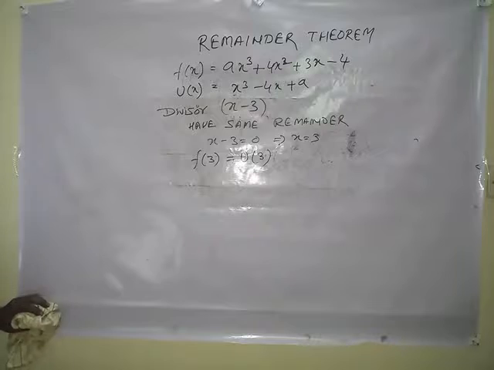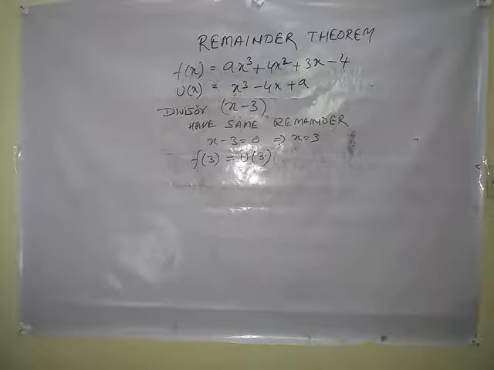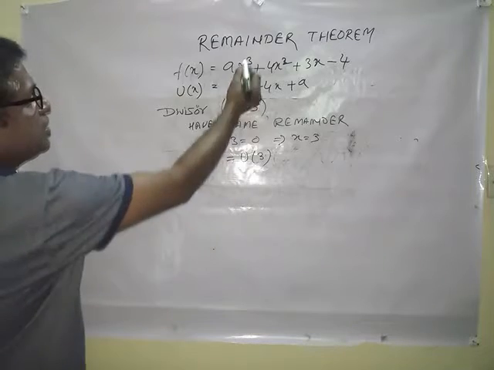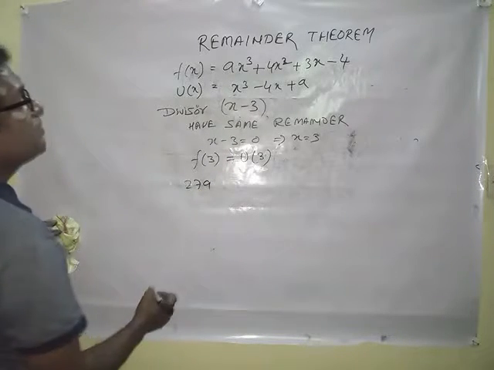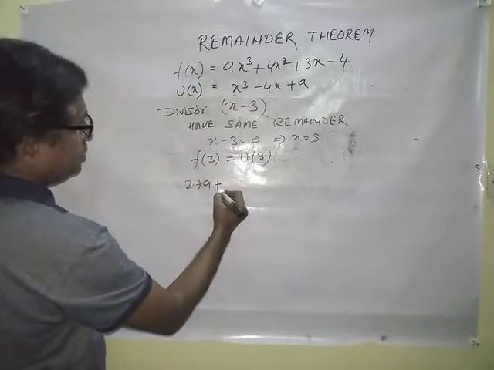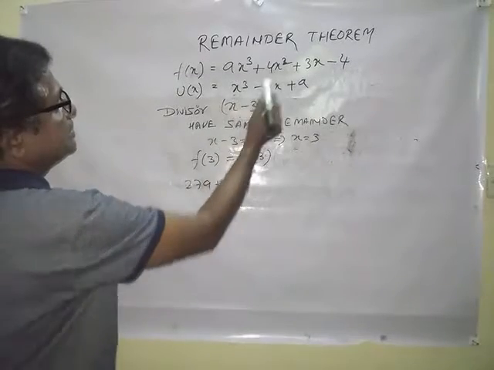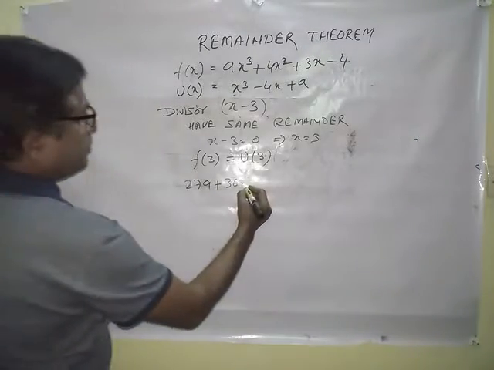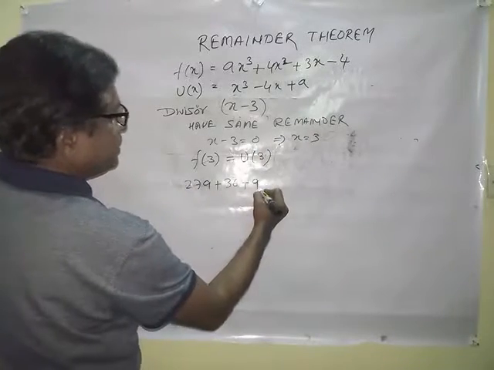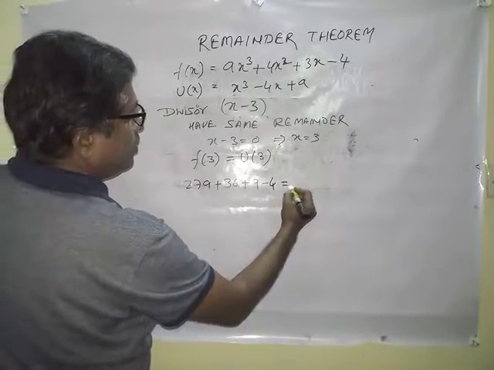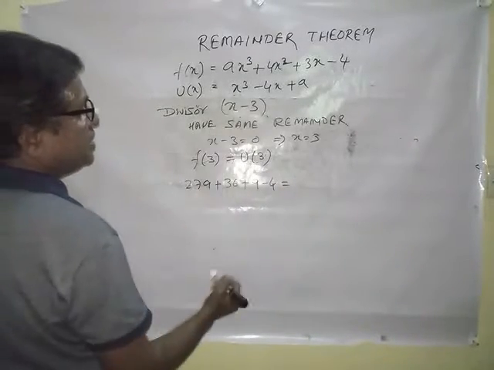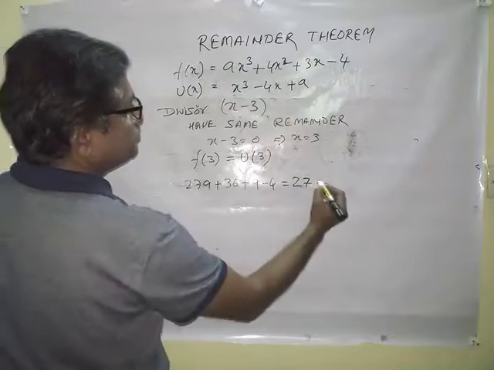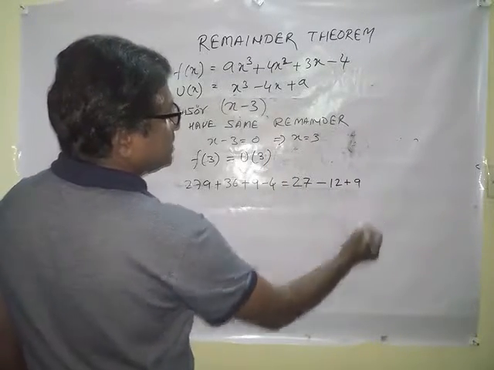Now let us solve this. f(3) is a times 3 cubed, which means 27a, then 4x², 3 threes are 9, x² is 9, 9 into 4 is 36, plus 3 into 3 is 9, minus 4, equal to 3 cubed is 27, minus 4 into 3 is minus 12, plus a.